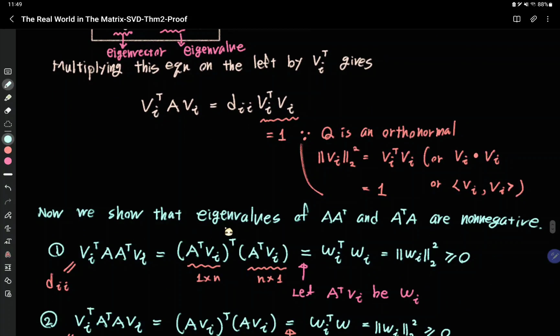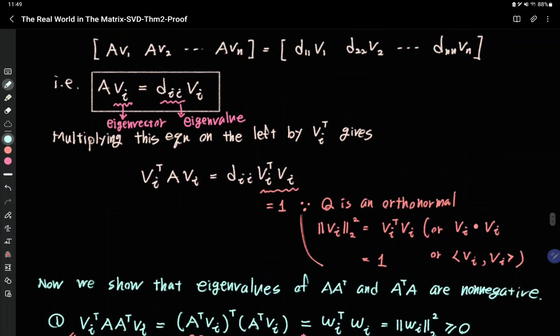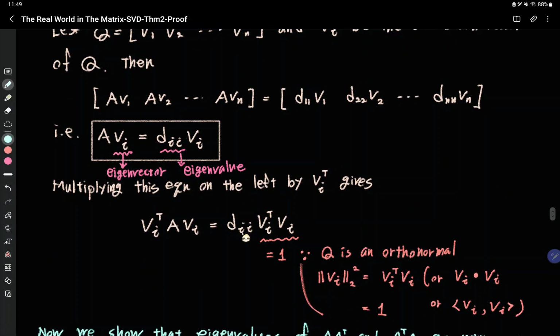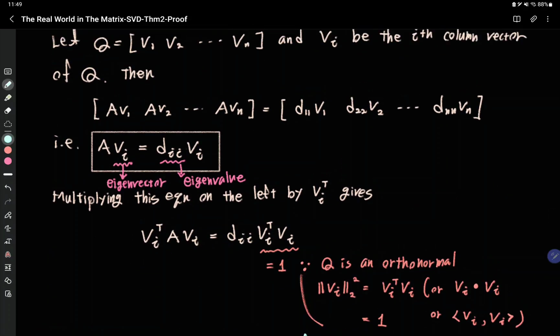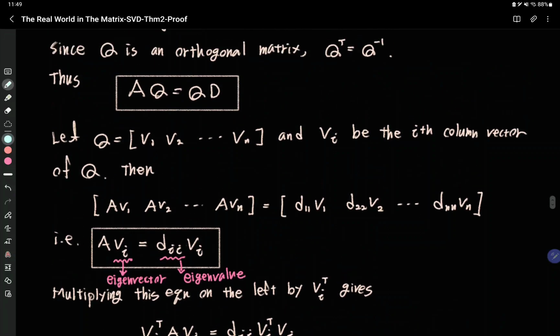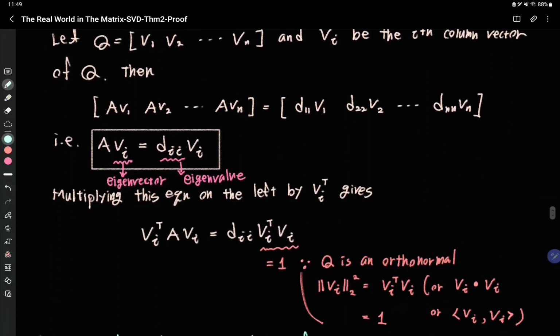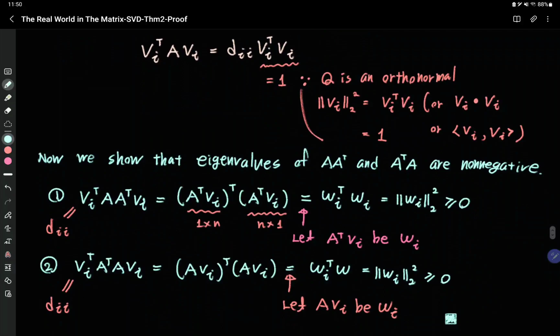we show that the eigenvalues of A A transpose and A transpose A are non-negative. To prove this, we express Dii like this. So here we replace A by A times A transpose, and keep in mind this is Dii, the eigenvalue of A times A transpose.